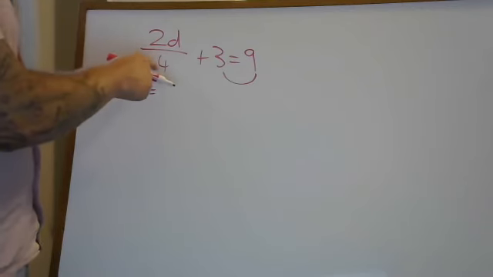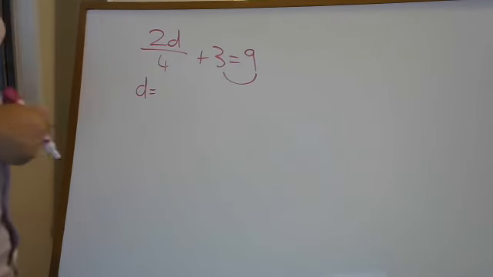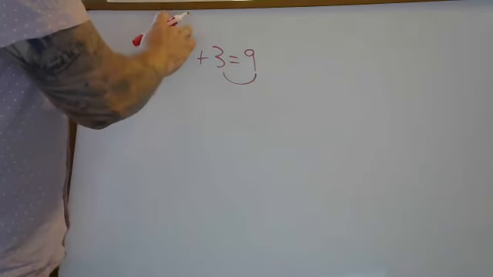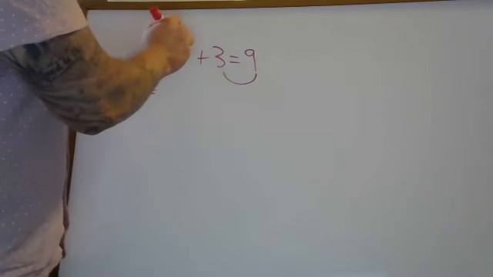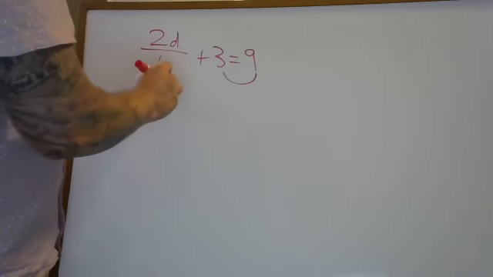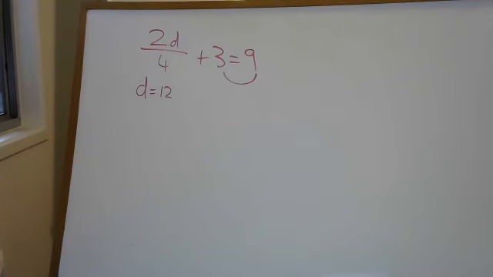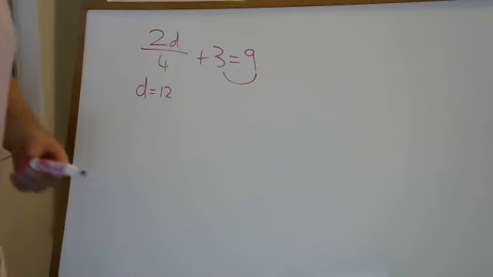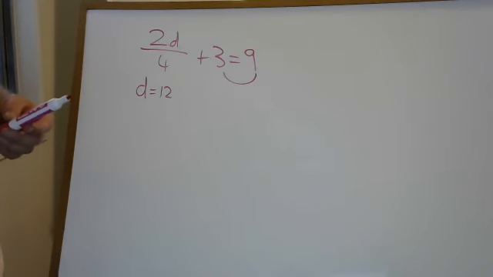So 4 times 6 is 24. So D would have to equal 12. D has to equal 12.